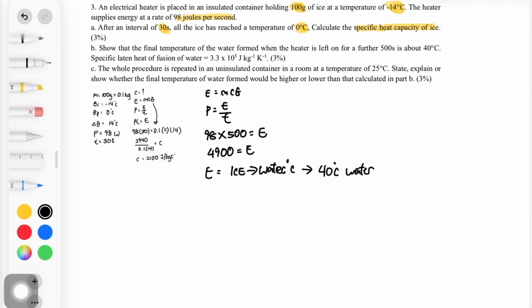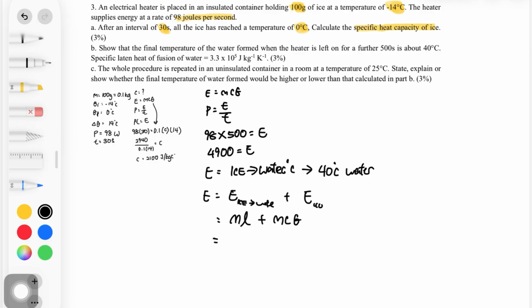So there's a two-step process. The total energy will be the energy for ice to water, and the energy for heating to 40 degrees Celsius. The formula for ice to water is ml, and for 40 degrees Celsius it is mc theta.